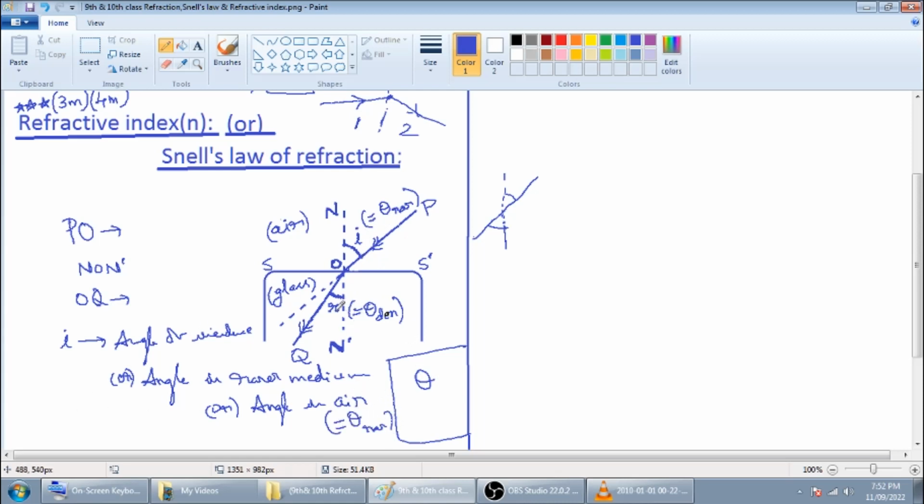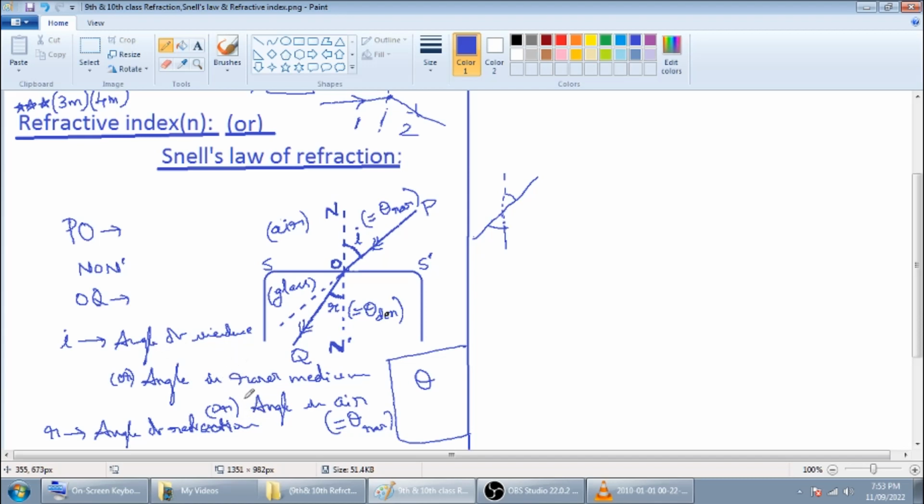Now the next important term among the various terms is the angle of refraction. So small r is what here? Angle of refraction. I'll just write the full word roughly now. Later I'll give a little time for taking the running notes.